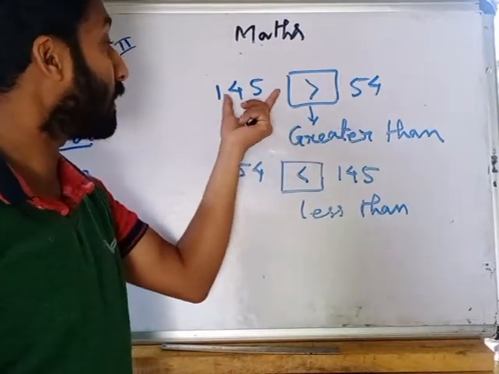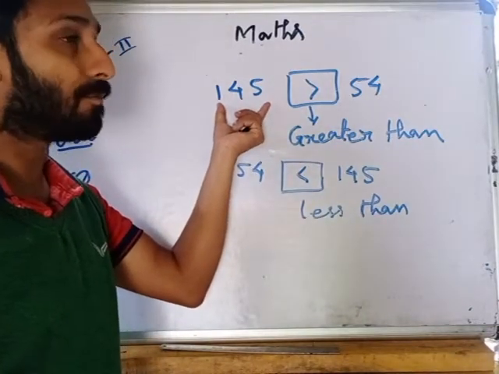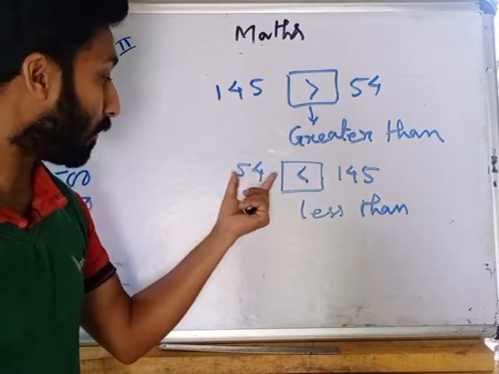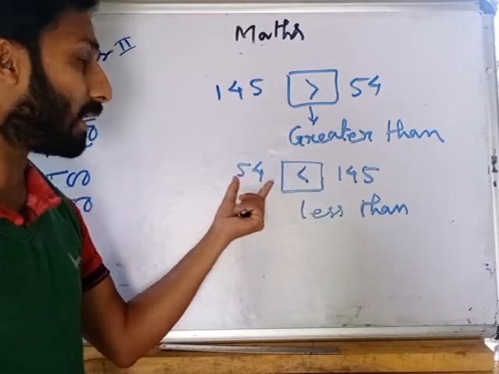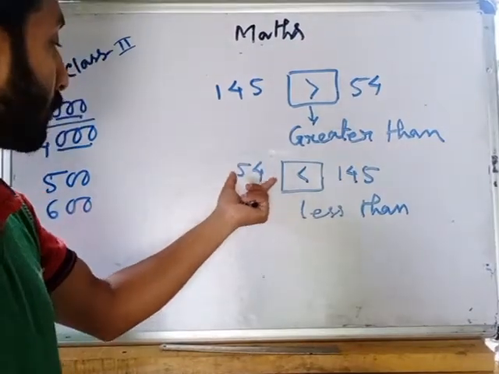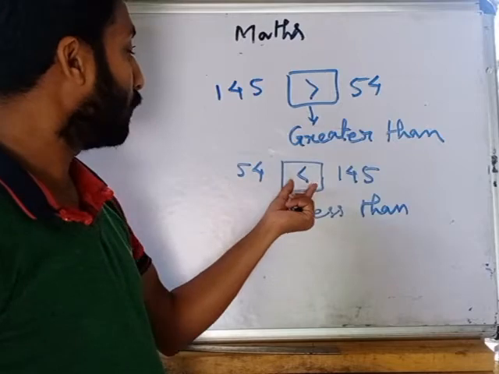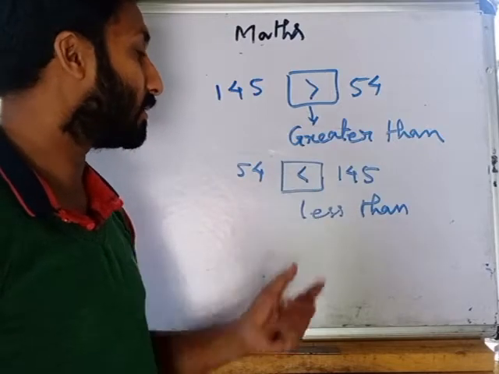If the first number is greater or bigger, that means we should write here the greater than sign. If the first number is less than or smaller, that means we should write here the less than sign.